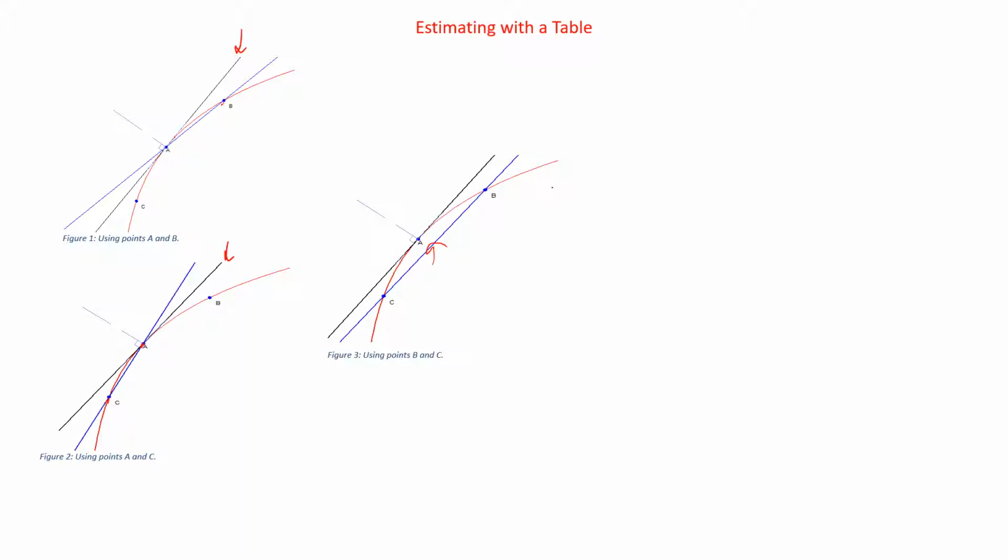So when we have a table of values, if we're looking for the slope at this point, we're going to find the slope between the points on either side of it. We don't know what the function looks like, but most of the time, this will be the best estimate of a slope that we can get.